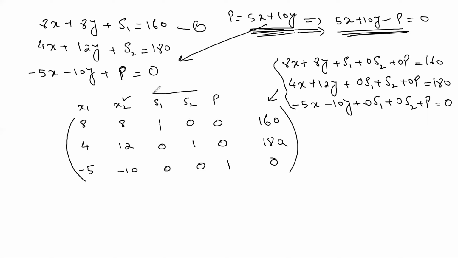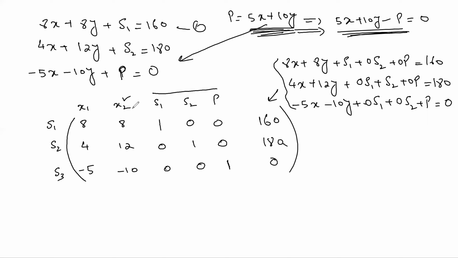So these three are our basic variables. We write our basic variables here, s1, s2, and p, and the non-basic variables are x1 and x2. In the previous slide I mentioned that non-basic variables are always assigned the value 0. Keep it in your mind.